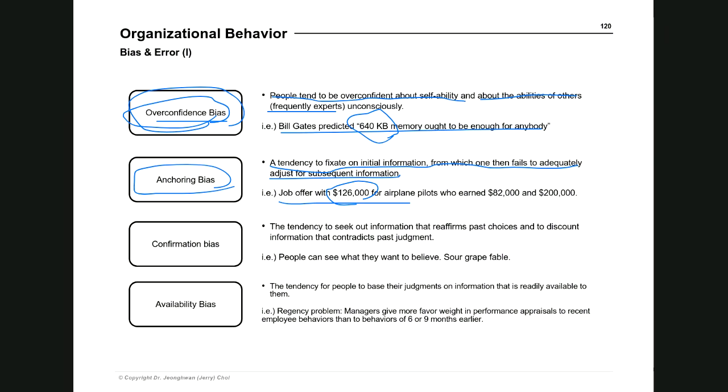Probably not. But we frequently do that. We frequently reject that job even though we need it, because our emotions and our brain are totally anchored, hooked by that $200,000. We make that kind of wrong decision.